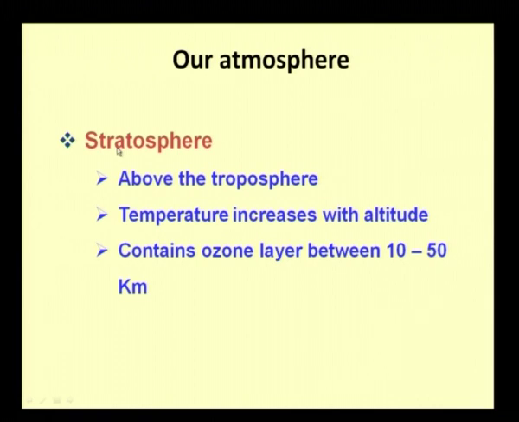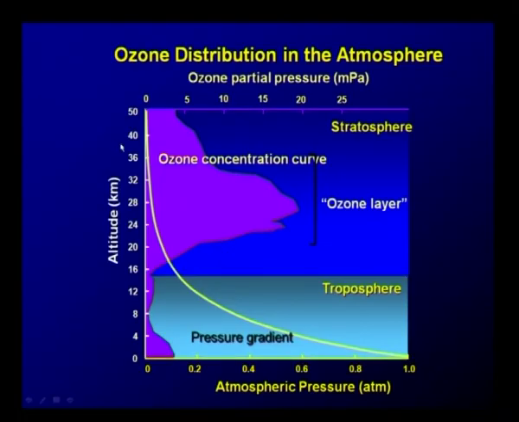Then comes the stratosphere, above the troposphere. The temperature increases with altitude and it contains the ozone layer between 10 and 50 kilometers. That is depicted in the diagram. Here, on the x-axis we have taken the ozone partial pressure, and on the y-axis the altitude.